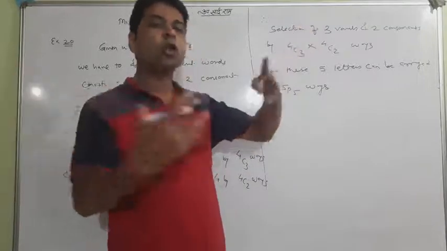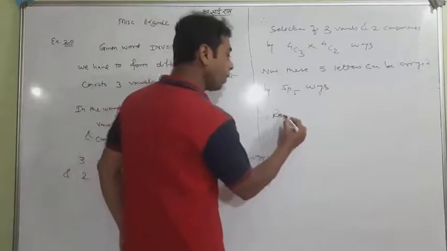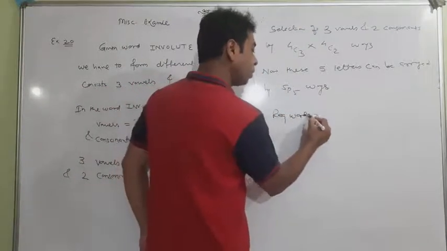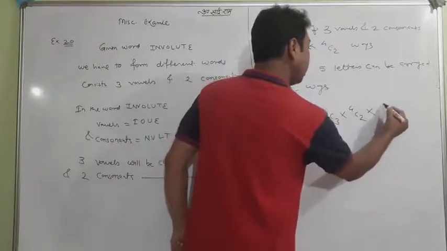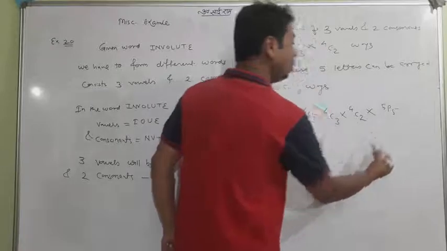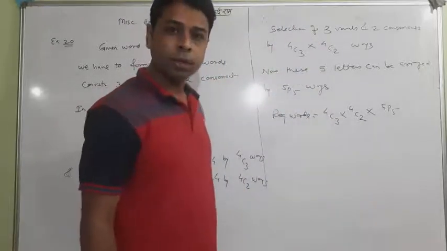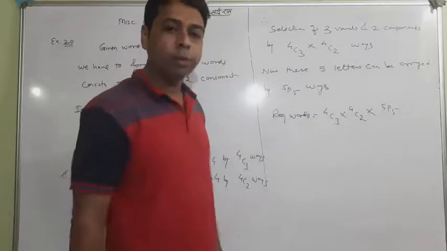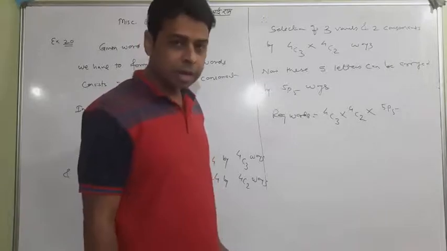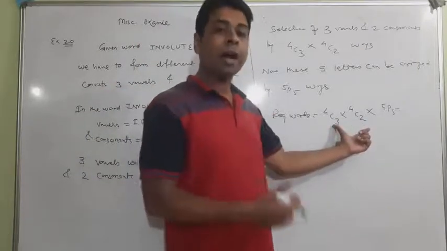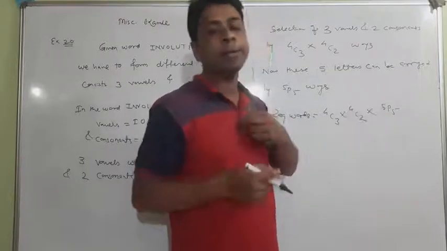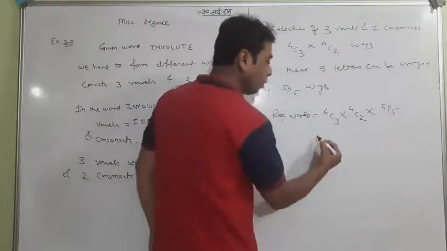So the whole combination, the required words, is first you have selection and then you have arrangement. So you have to multiply all the things and then you can get an answer. These two are what? The selection, and after selecting, what you have done? You have arranged them. So this is a very good thing.